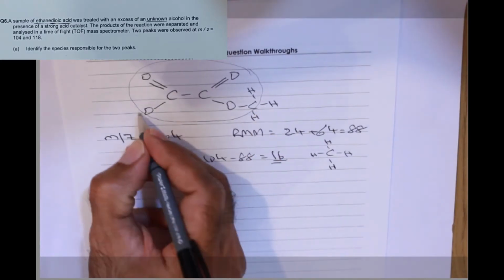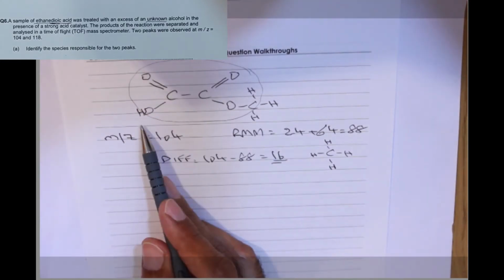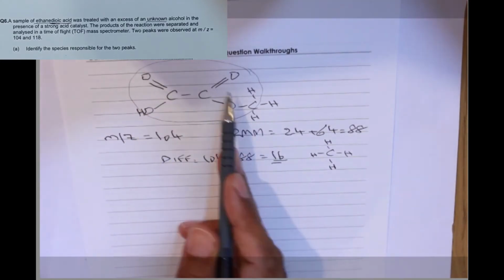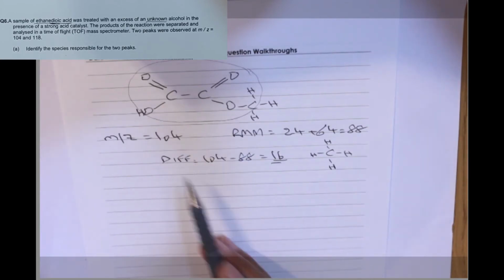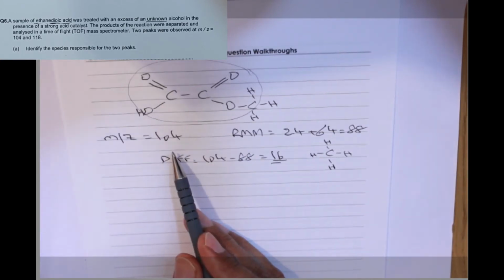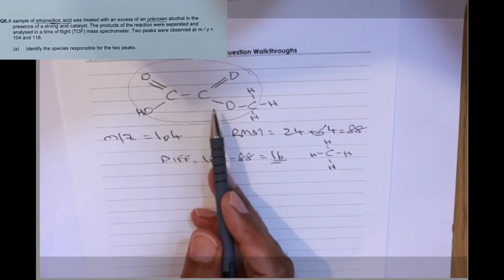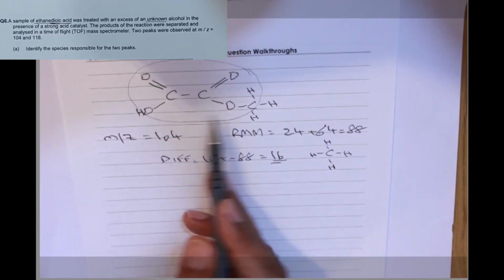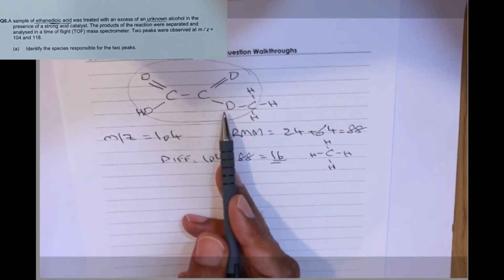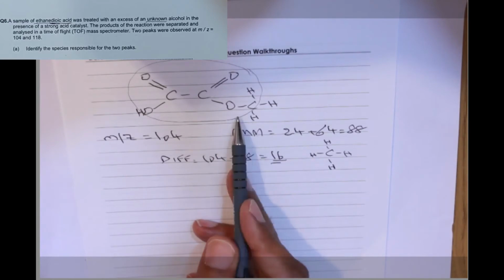There is no other place that hydrogen can go. So if I put hydrogen there, now I've added 16 to this 88 to give me 104. So obviously what's happened is that one of these acid groups has esterified, the other one hasn't. And so the question: identify the species responsible for the 2 peaks.